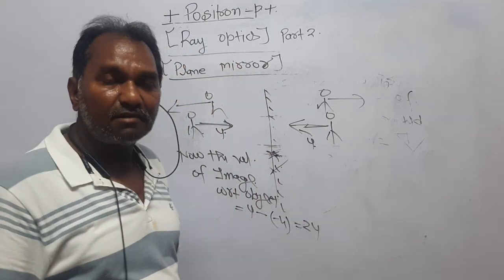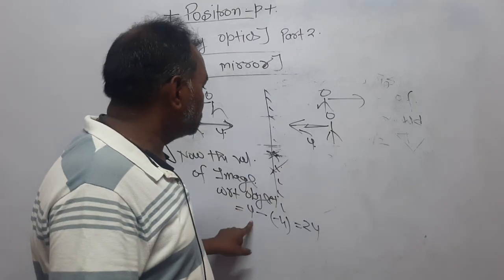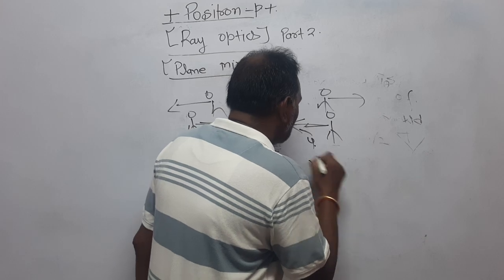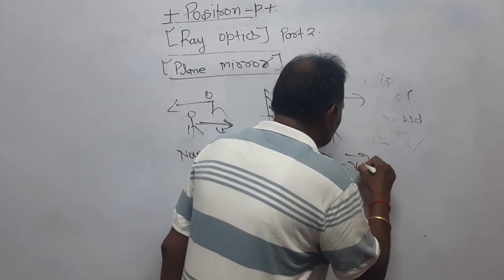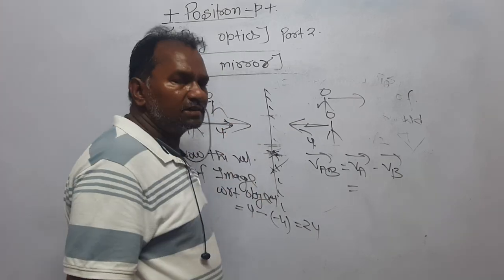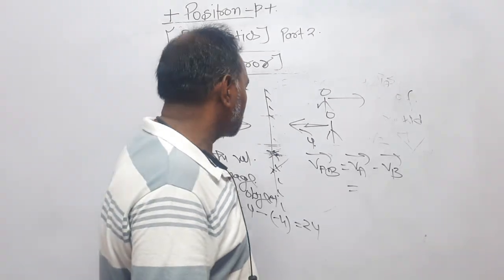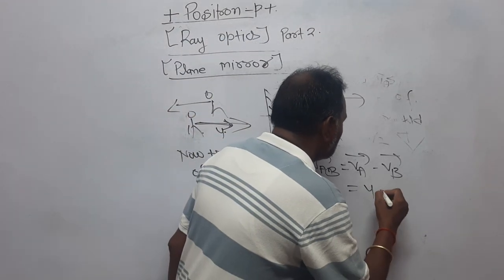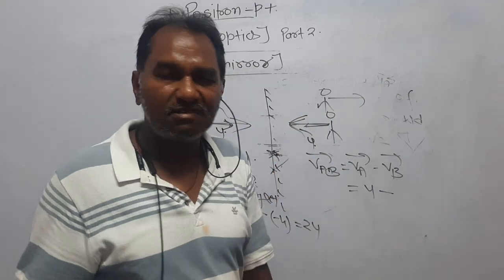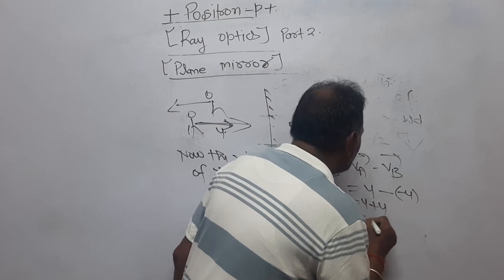Now, what I have written, the velocity of image with respect to object, VAB is equal to VA minus VB. Dear students, this one is moving rightward, along the positive x direction, so its velocity will be plus u, and this one is moving in the negative x direction, so we will consider minus u, and it will become u plus u equal to 2u.